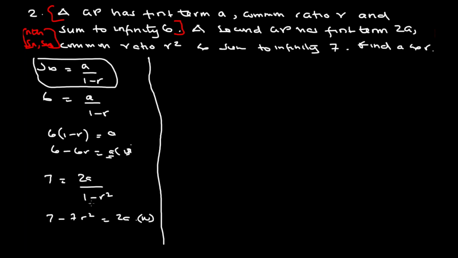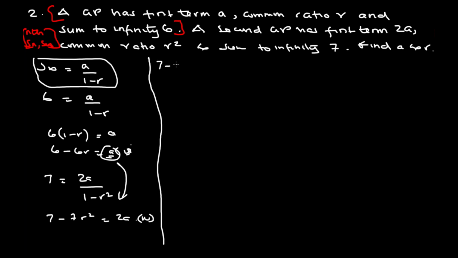That will prevent us from going through the simultaneous route. But I like to deal with the first principles. So we'll deal with the first principles. This is already solved for A. So we're going to replace this into here.